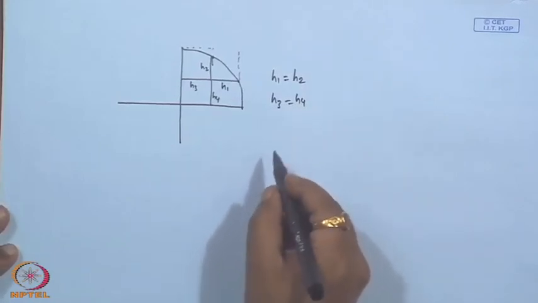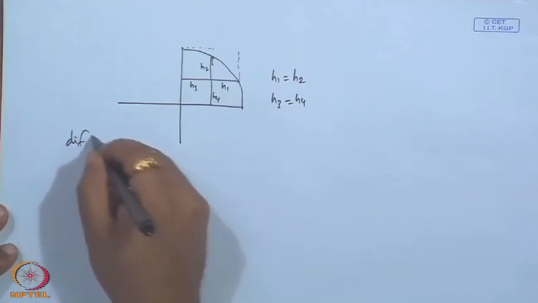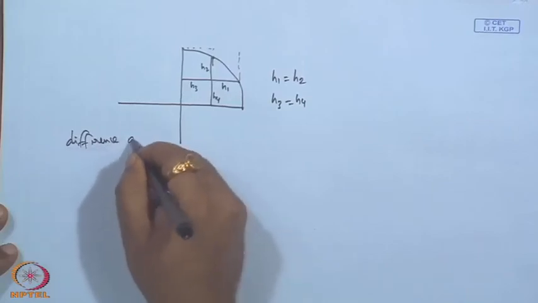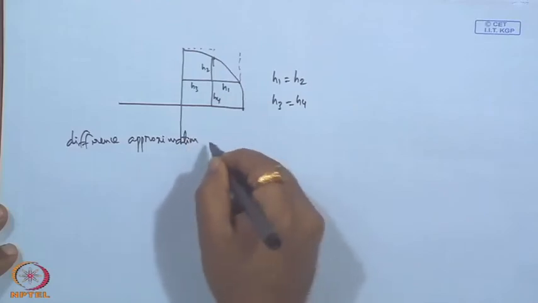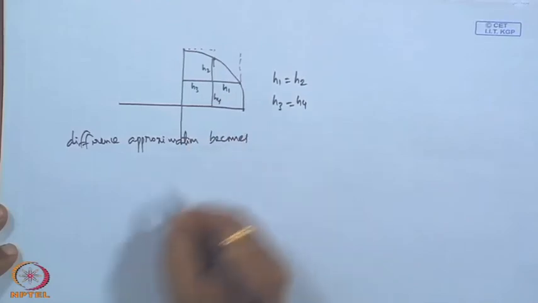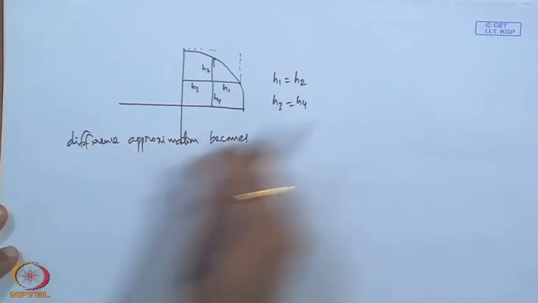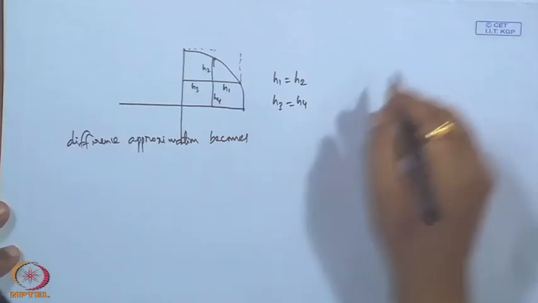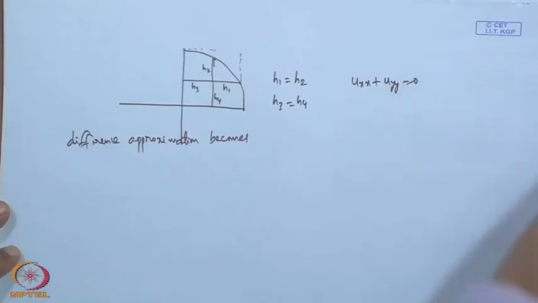So, accordingly, the difference approximation becomes, for the Laplace case, u x x plus u y y equal to 0, if we compare with our original equation, a is 1.